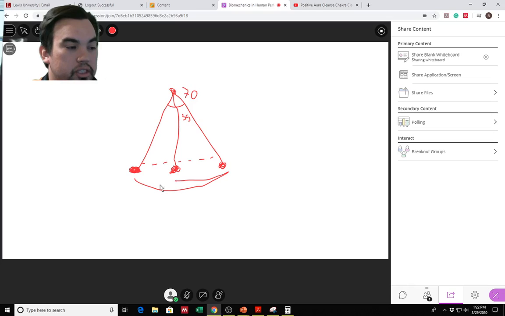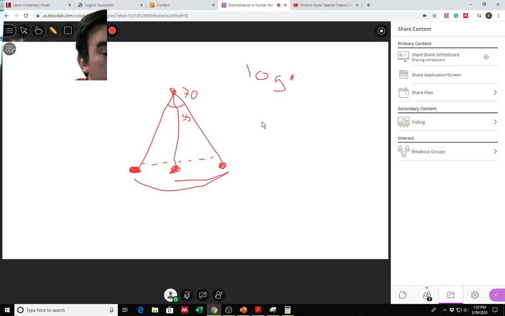The total distance it traveled, if you look at this line, was that right there. So we would take this angular distance and say it went 70 degrees because it came all the way out here, and then it came back to center, which is 35 degrees. Then we add those up and we get 105 degrees, and that would be our angular distance.